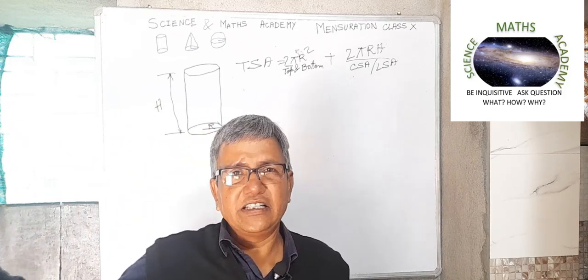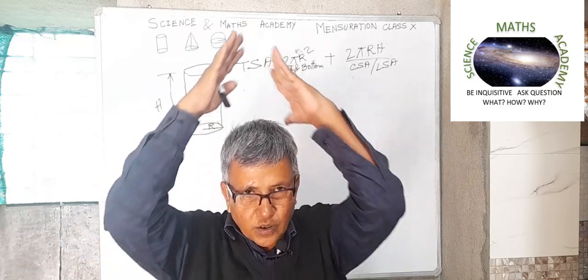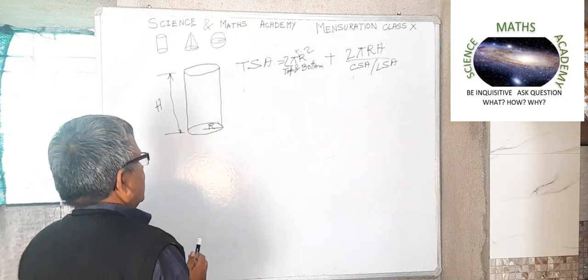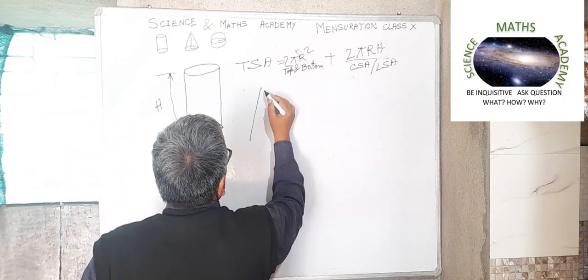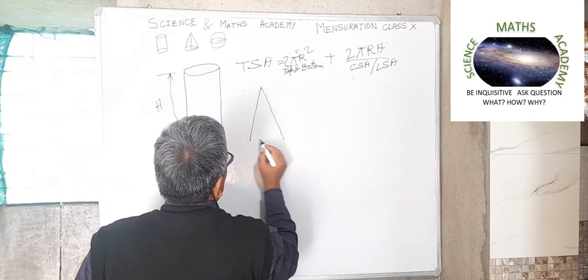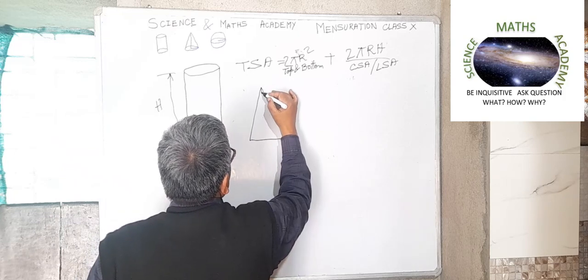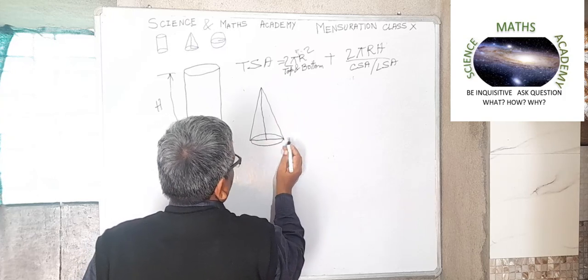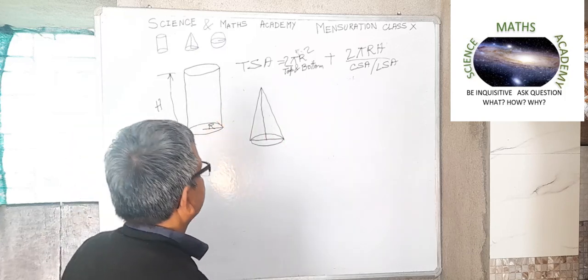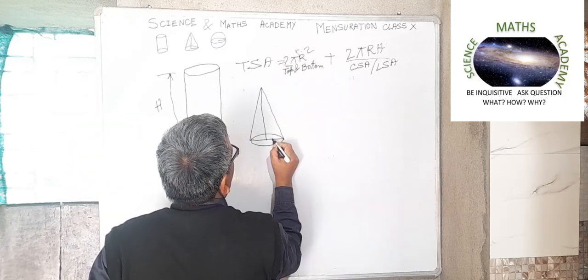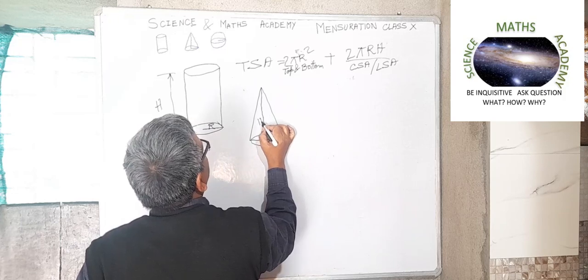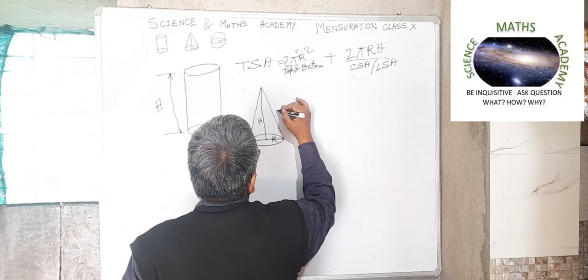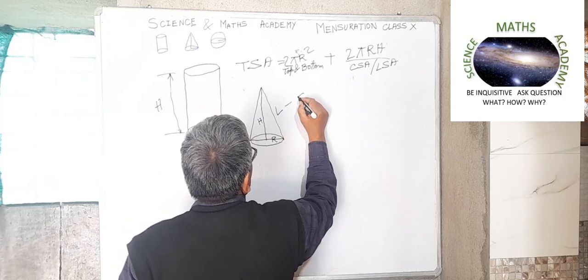Now 25th December is coming, you will wear a cone cap, no, cone ice cream, a cone example. Now in the cone, if you rotate the set square, the space will be a cone. This is R, this is the perpendicular height, this is L, L is called the slant height.